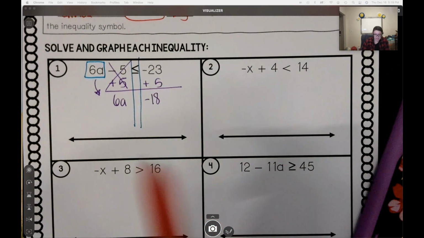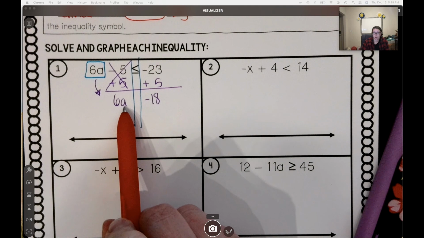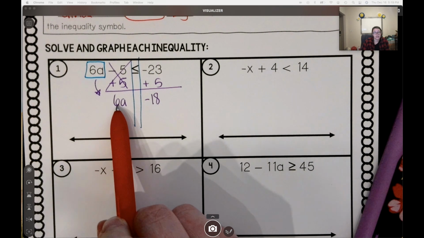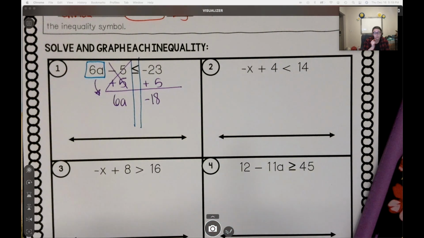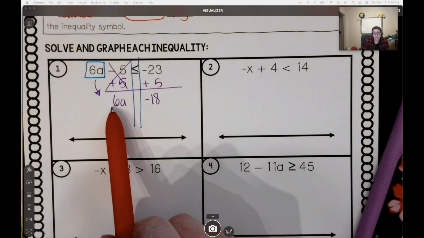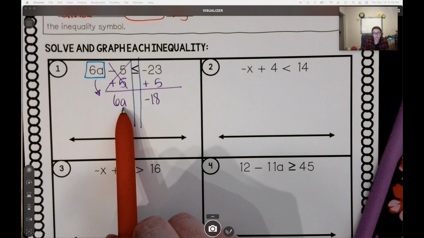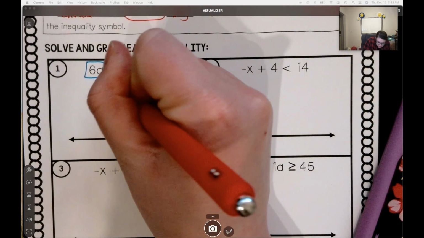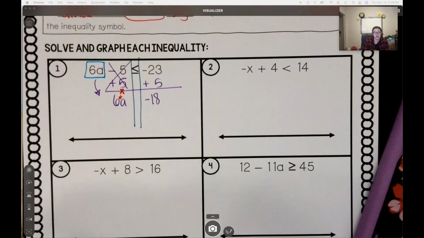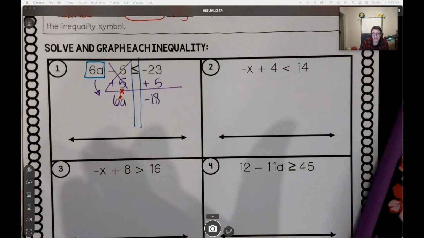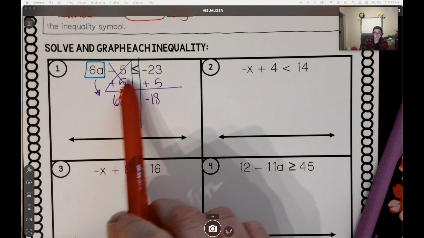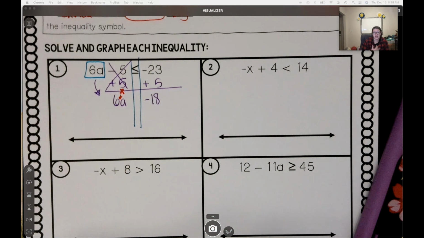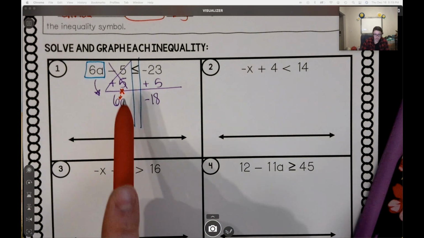Now, again, I need to isolate my variable. I want to get the letter all by itself. So I need to get rid of that 6. What operation is happening with that 6 and that a? That is multiplication. There's a little invisible multiplication symbol in there. A lot of people want to subtract 6, but that only works with addition and subtraction. I have to do the inverse, the opposite operation.